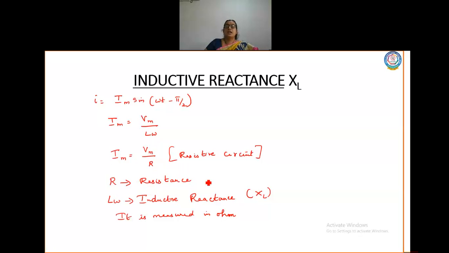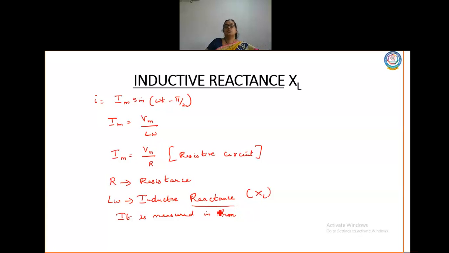As far as a resistive circuit is concerned, the resistance remains the same. There is no change. But when you consider an inductive circuit, when the frequency is changing, it will react. In an inductor circuit, if there is a change in frequency, there will be a reactance in the circuit. It will react. This will also vary. If this is varying, that's why you call it reactance.